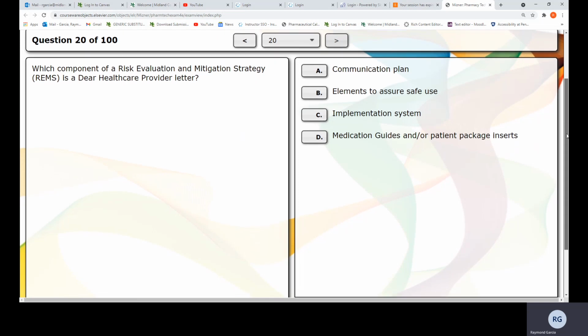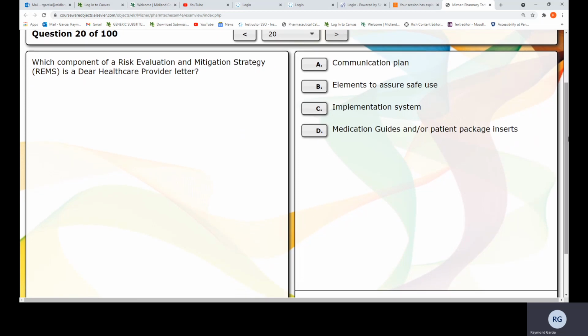All right. Which component of risk evaluation and mitigation strategy, REMS, is a Dear Healthcare Provider letter? This is one of the questions I ain't never seen before. Communication plan, elements to ensure safe use, implementation system, medication guides, or patient packaging service.